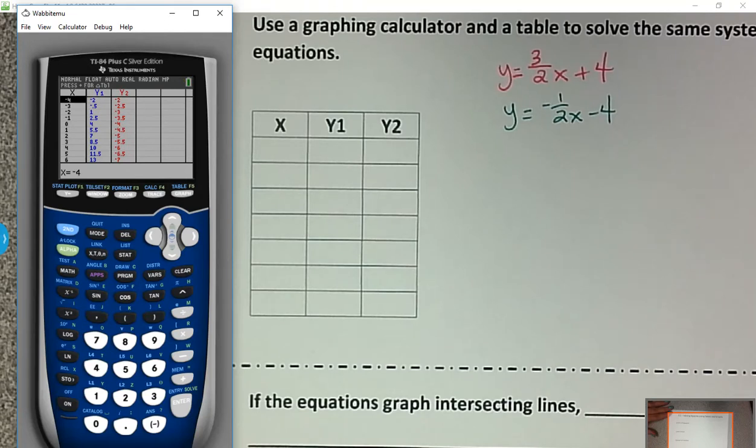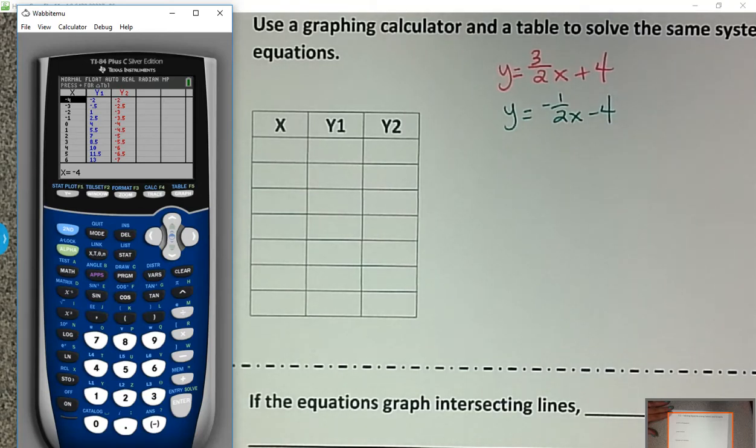When x is -4, both of the y values are -2. Okay? And so remember, what this means is that on the first line, a point that's on the line is (-4, -2). On the second line, (-4, -2) is also a point. So they share this point. That has to be where they intersect at.